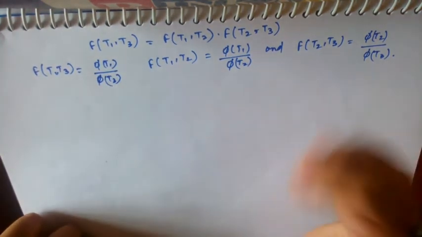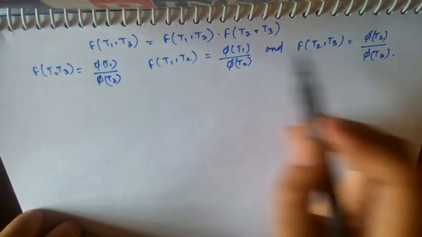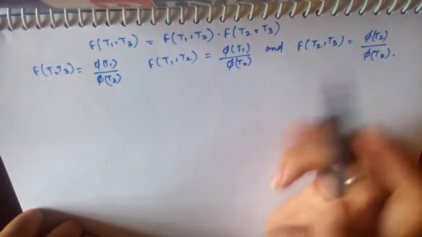If we assume the function in such a way, the function of T2 will get cancelled.